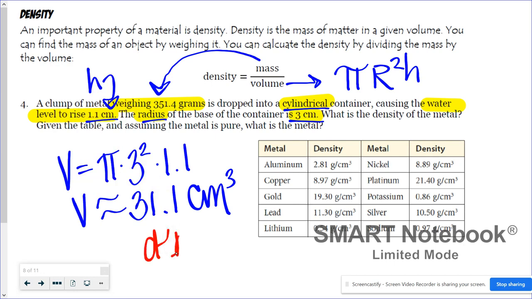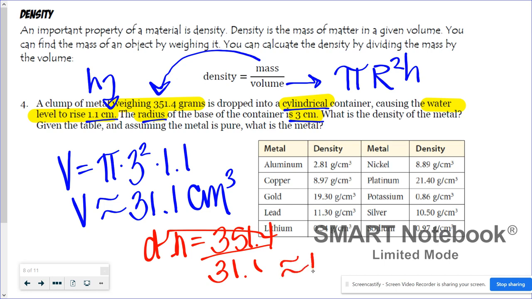So I'm going to do that here. I'm going to have 351.4 divided by 31.1. And I'm getting like 11.3 for the density. So 11.3 grams per cubic centimeter corresponds to the lead density in the table. So that would be the metal.